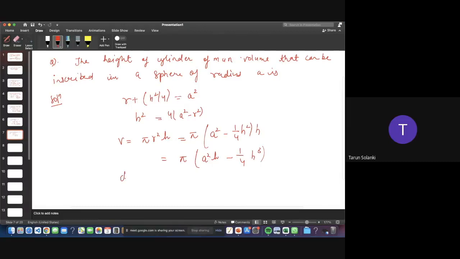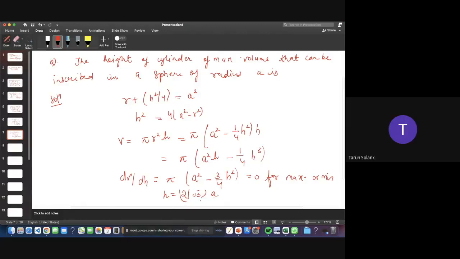If we talk about dV/dh, then it will be π(a² − 3h²/4), which is equal to 0 for max or min. So this gives h = 2a/√3.